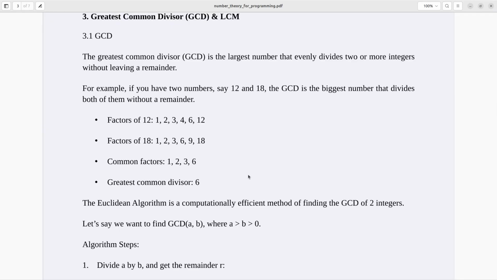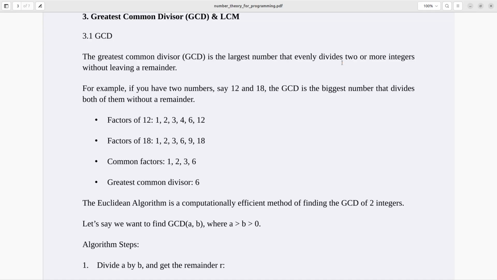And now let us talk about the greatest common divisor, which is the third part of the video. I would also like to introduce the meaning of LCM. So what is GCD? GCD is the greatest common divisor, which is the largest number that evenly divides 2 or more integers without leaving a remainder.